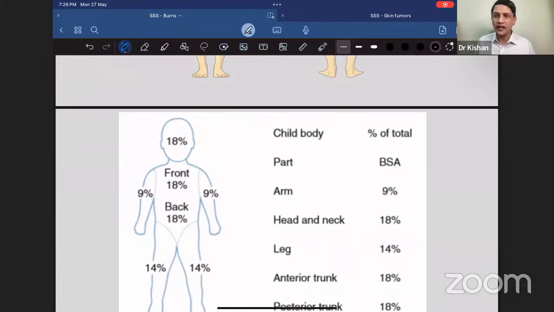Instead of 18-18, it's made 14-14. Remember, that's the only difference. And here, 1% is not separately given to the genital region, as it's very small. So the only difference is in the head and neck: instead of 9% in adults, here it is 18%. And each lower limb was 18% in adults, whereas in children it is 14%. That's the only difference we should know.